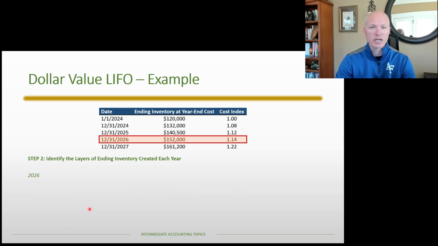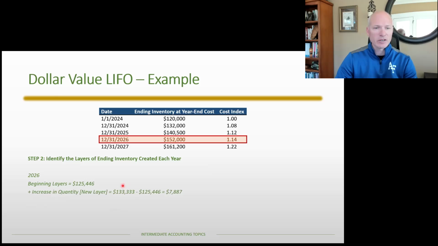All right, 2026. I'm going to go a little bit faster through this one since we've seen a similar example. Again, our beginning layer is what we had at the end of 2025, 125,446. When we did our calculation, we had a new base year amount of $133,333, which of course shows that there was an increase in quantity of 7,887.